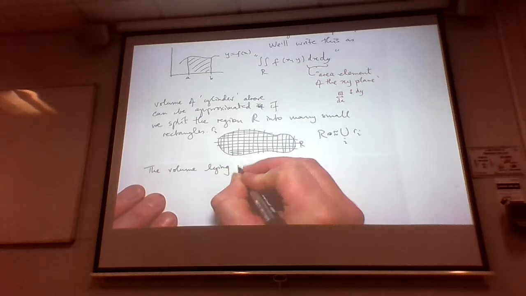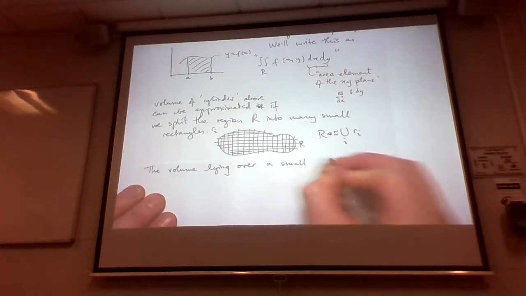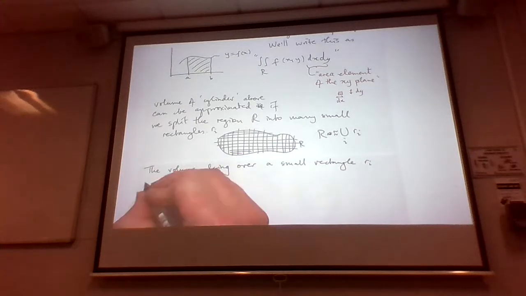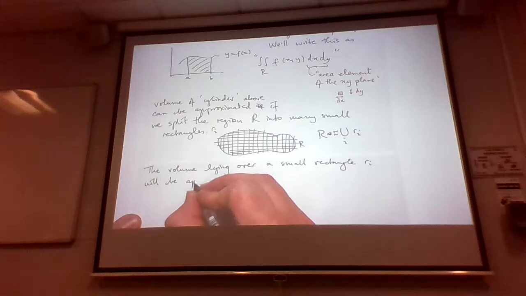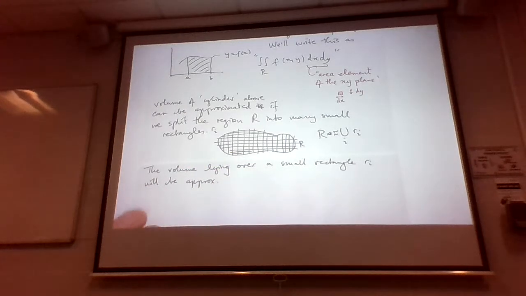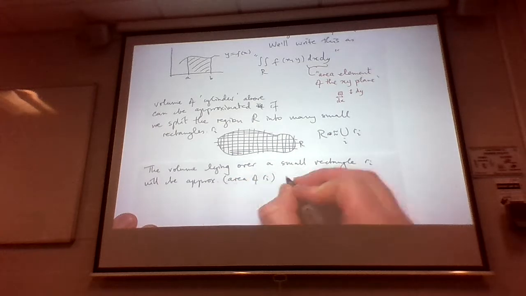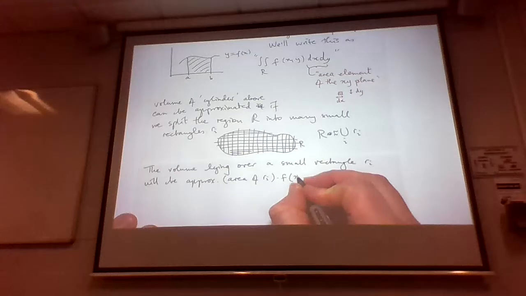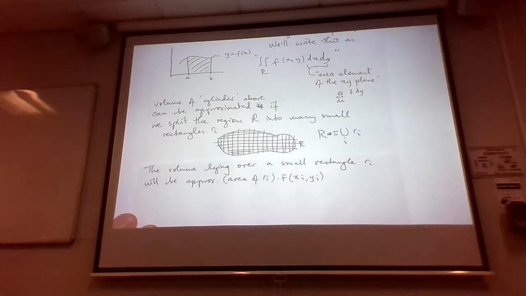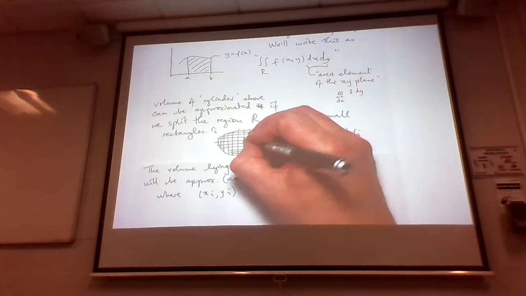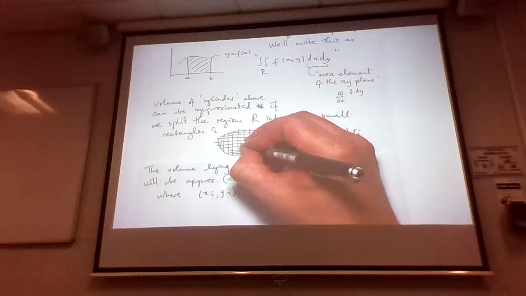Well, the volume over a small rectangle Ri will be approximately the area of Ri multiplied by the value of f at xi, yi, where xi, yi, you could take as the center point of each of these rectangles, but we don't really need that.